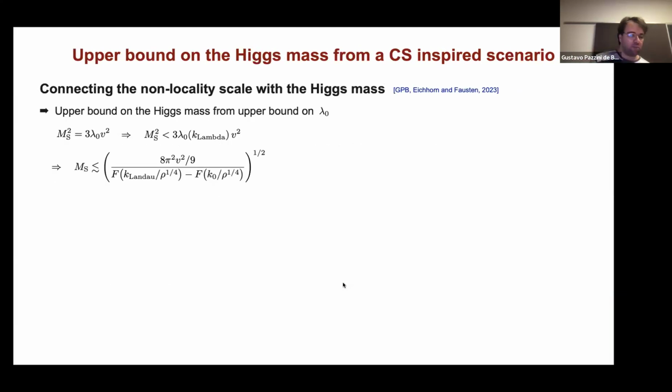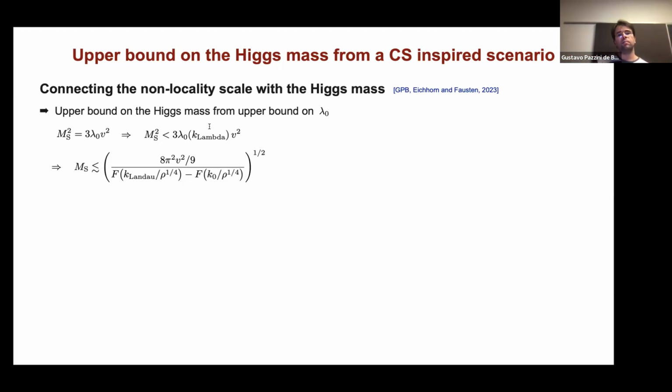Okay, so the last point of my talk is the connection between these previous results and the Higgs mass. The idea here is that if you assume that you go through a spontaneously broken phase, then you can relate the mass of a scalar field or the Higgs field with the vacuum expectation value.